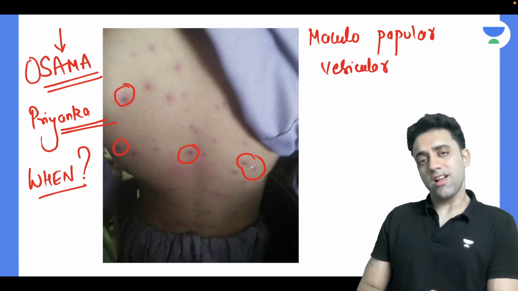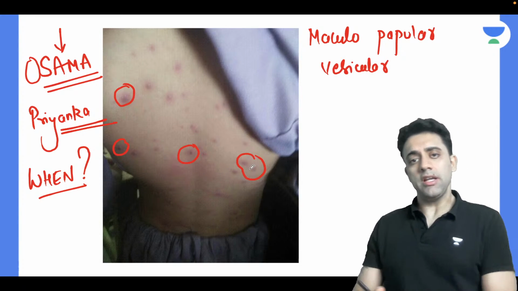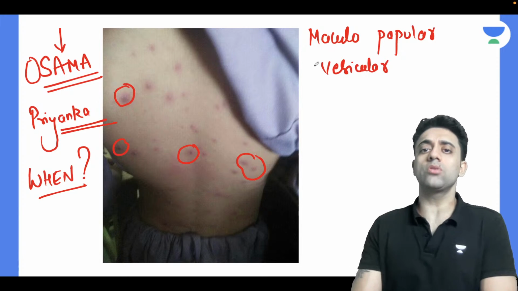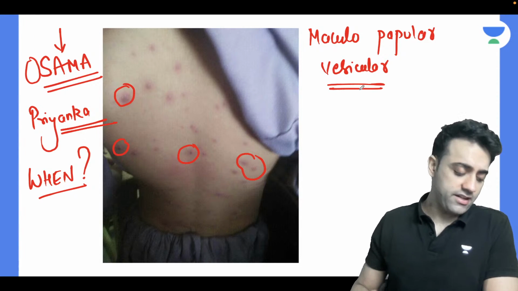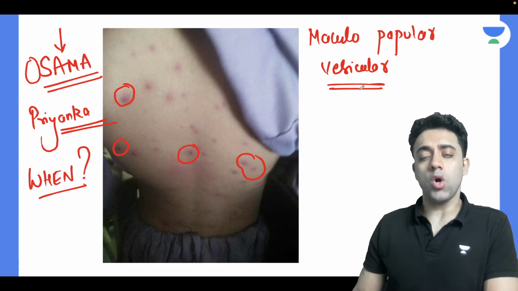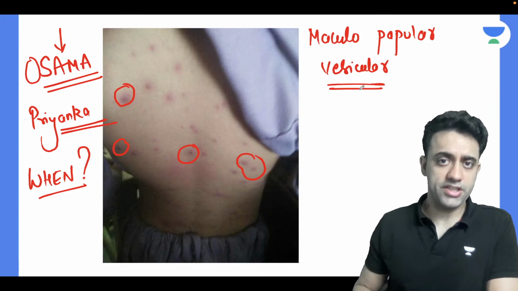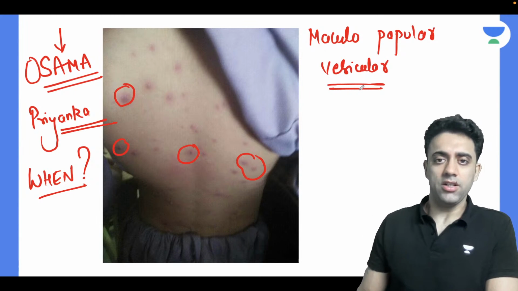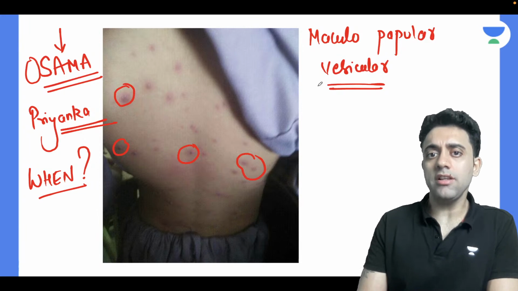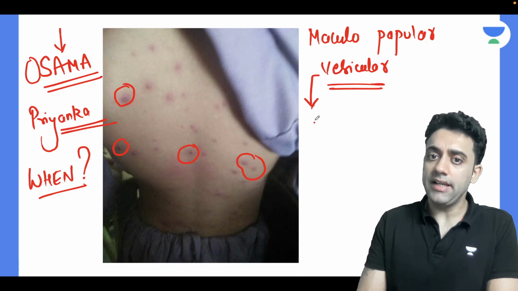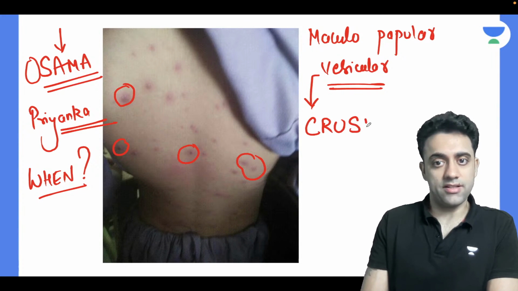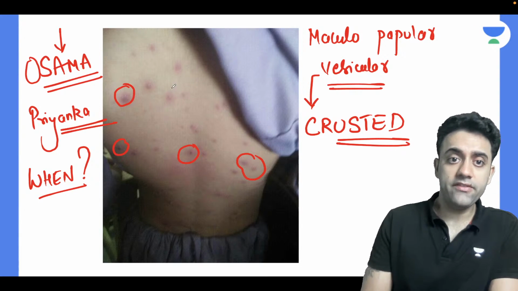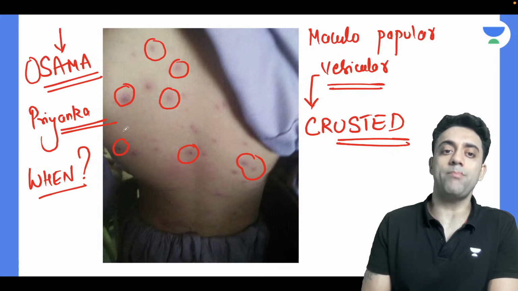Okay. So the best answer to this question is, first of all we should know what happens to this rash later. These watery lesions, this fluid discharge, what happens later? All the vesicles later get crusted, leaving these black patches.